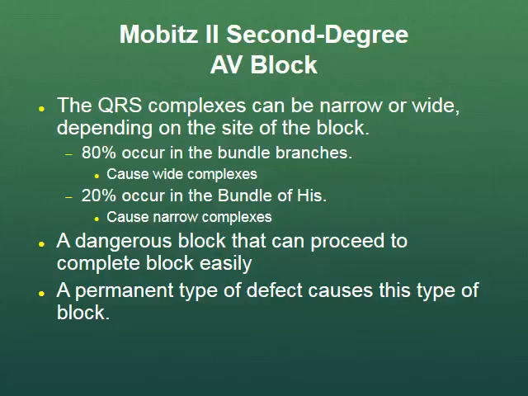This is a dangerous heart block because you are very dangerously close to moving into a complete heart block. This second degree type 2 is caused by a permanent type of defect, meaning structural abnormality or cell death in the tissue from infarction.